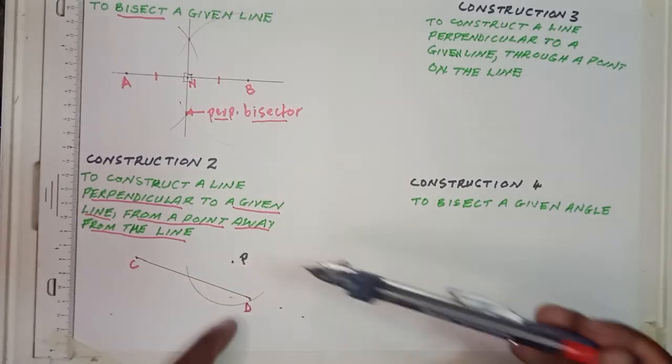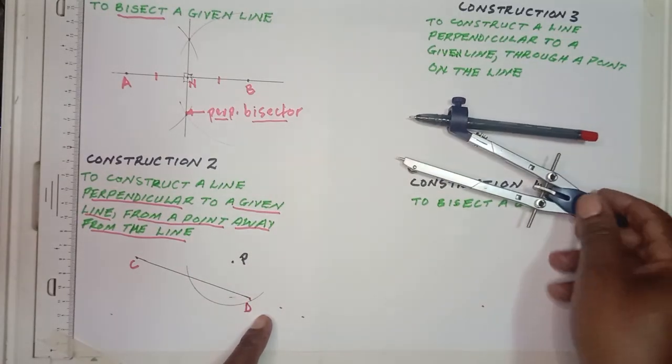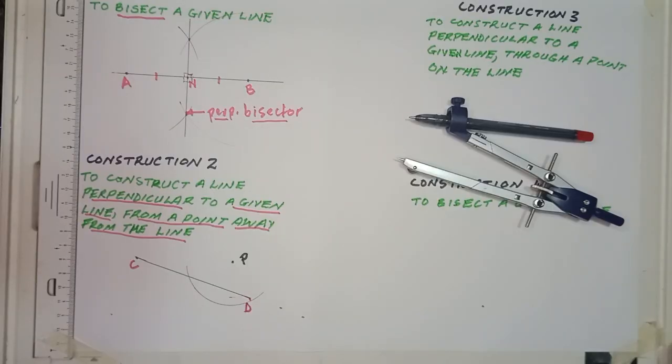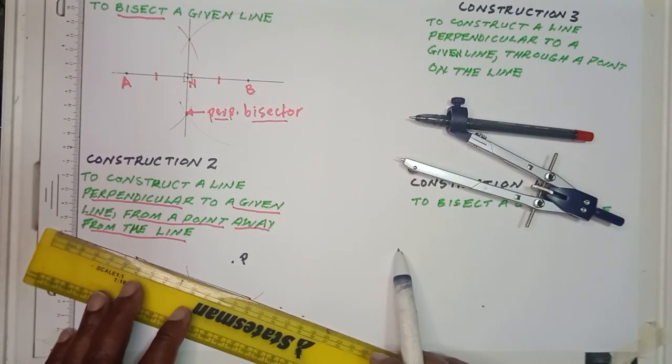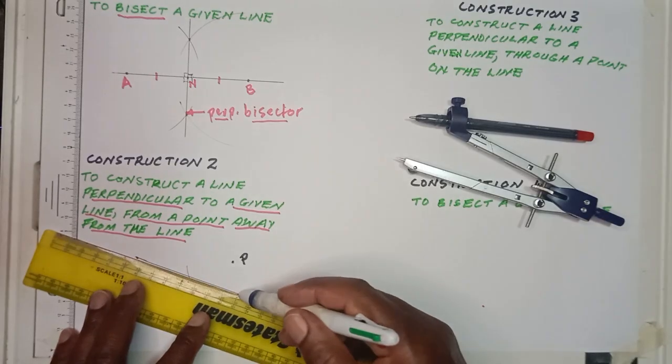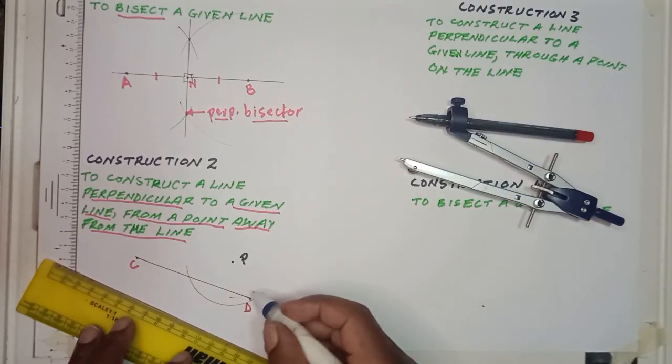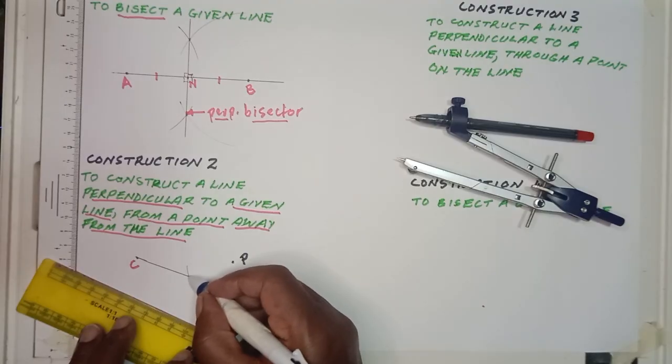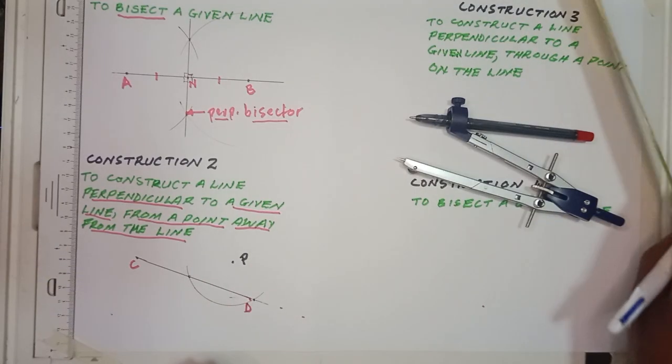If the arc is going out of the line, there's no stress. We just extend the line CD so that the line and the arc will cross each other. We are looking for crossing points. So we have this point here, which is the crossing point of the arc, and this other point.